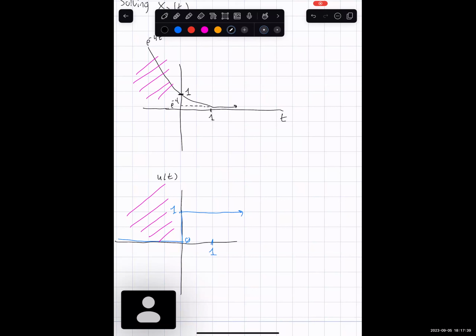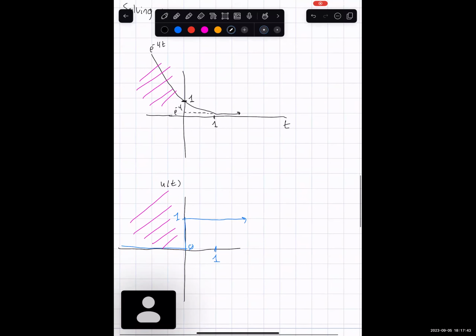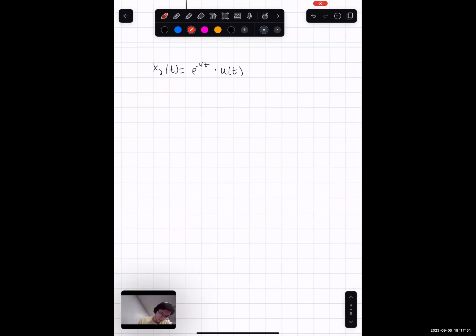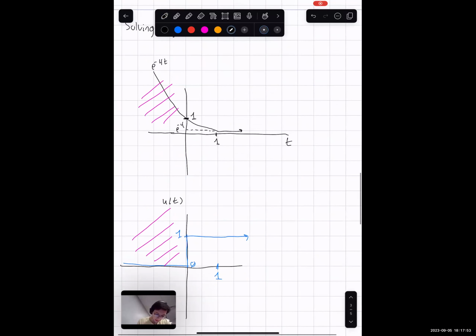Like the e to negative 4t, because the step function is just 1. So you know anything multiplied by 1 is just itself. Isabella, you're a rock star. We're going to turn you into a signals prodigy. Great job. Okay. So it's basically going to look like the exact same thing as this e to the minus 4t, but everything before t equals 0 is going to be 0.